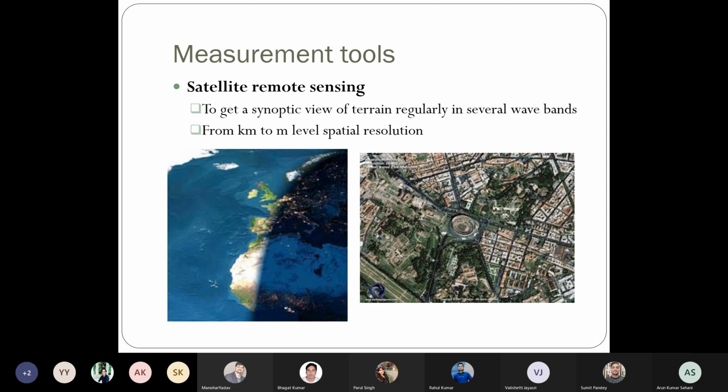Let's say we consider a tree, or a grass field, and that grass field image is acquired at a spatial resolution of, let's say, 5 meter by 5 meter.